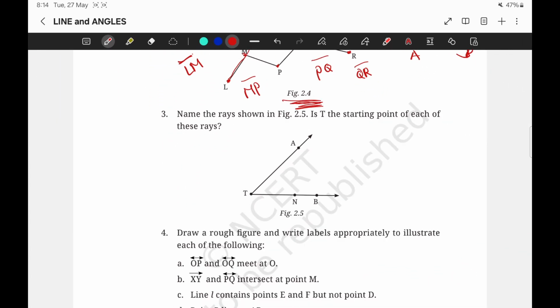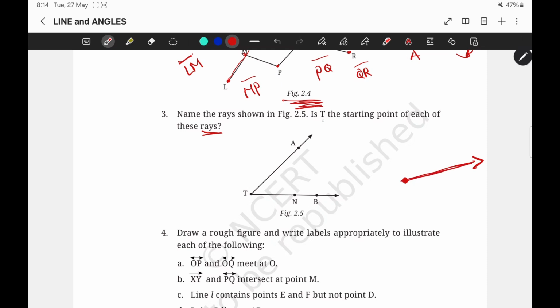Next, name the rays shown in figure 2.5. Is T the starting point of each of these rays? Yes. I already said that a ray starts with a point and extends as far as it wants to go. So this is a ray.